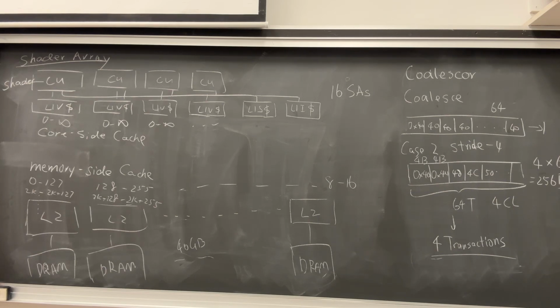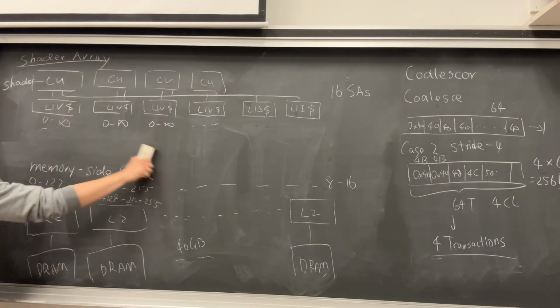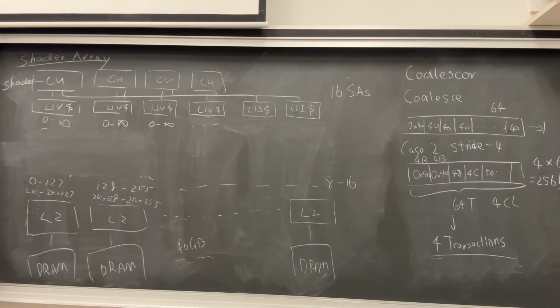So then the question is, if there's a port here, which L2 does it need to connect to? All of them, right? Because it needs to access all the addresses. And this one needs to access all of the addresses, and so on.